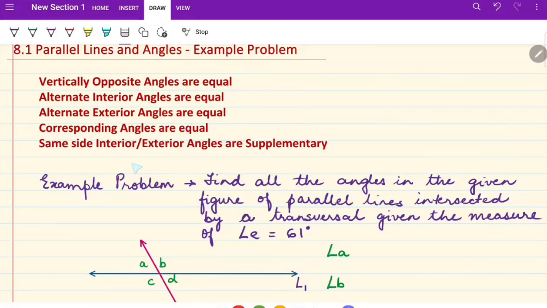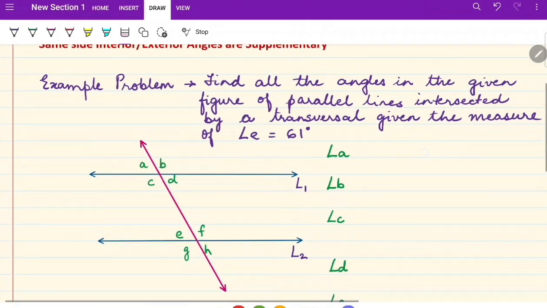However, same side interior and same side exterior angles are supplementary, which means that the sum of the angles will be equal to 180 degrees. Now, that being said, let's go on to solving this problem here, finding all the angle measures given.